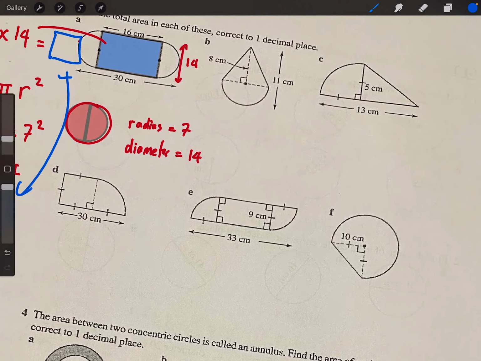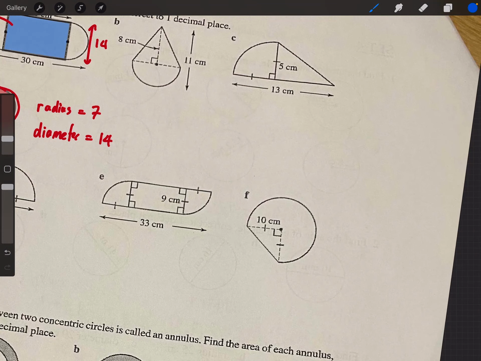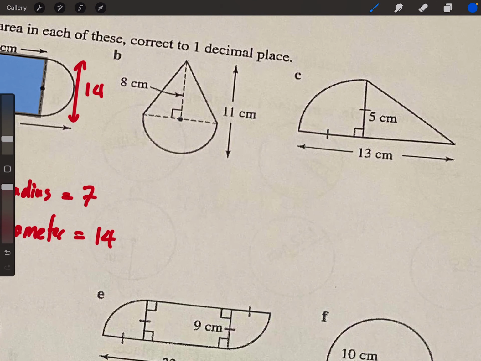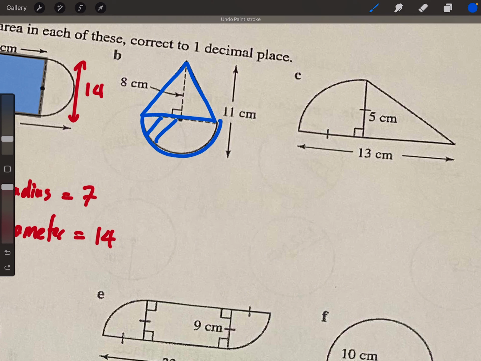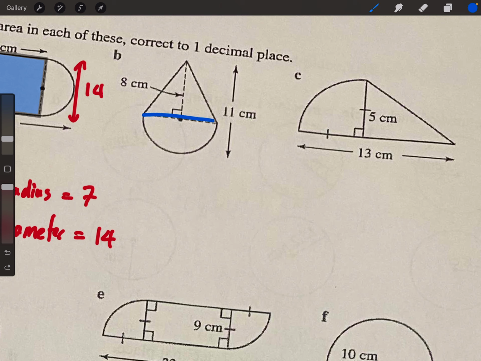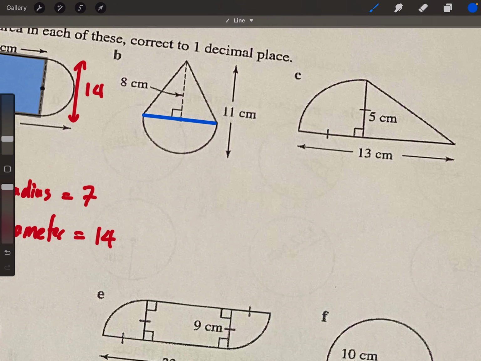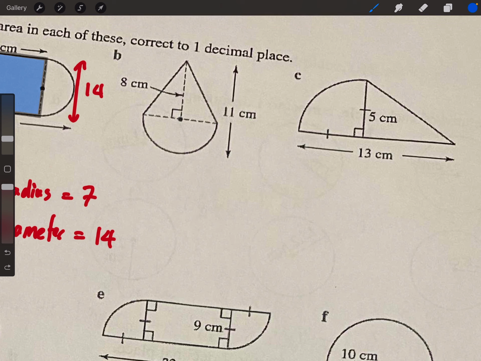Alright, next one. For this one, we're going to have to add the area of the triangle plus the area of the semicircle. But what we need here is this distance here. They're not given to us. So we know this is 8 and this is 11.